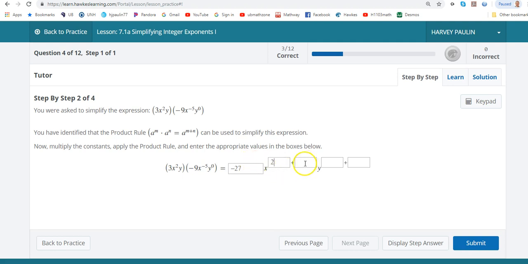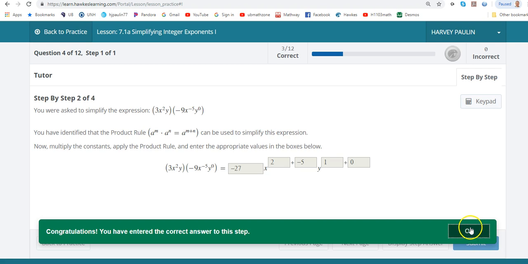And then here is plus a negative 5. Now, y to the 0 and y to the first here is just going to be a 1. Oh, put the 0 in the wrong place. So 1. And then the 0 here. And then we see, are we following it step by step? The kinds of things we have to do to get the right answer. We submit it, and it says we've got this right.